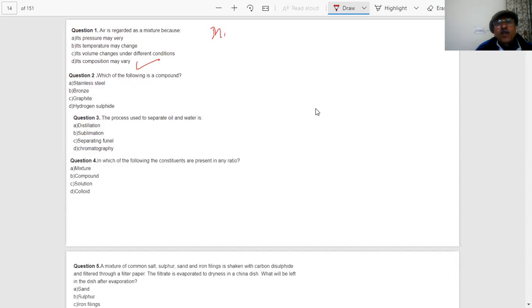We already told you in the definition of mixtures that they have variable composition. Mixtures have variable composition. Therefore, your answer is correct. You are given one full mark for that.